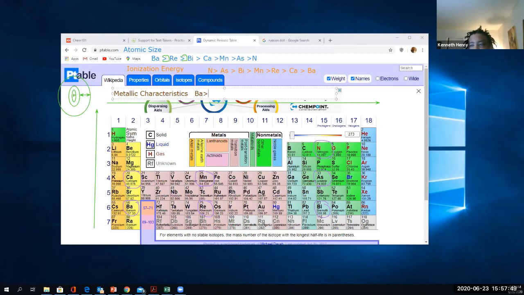So this one again, we're going to be relying on where they're located. We're going to go from their groups; they're going to have priority over their distance. So these guys here are going to have the least metallic characteristics, these guys are going to be somewhere in the middle, and these guys are going to have the most. So calcium next.